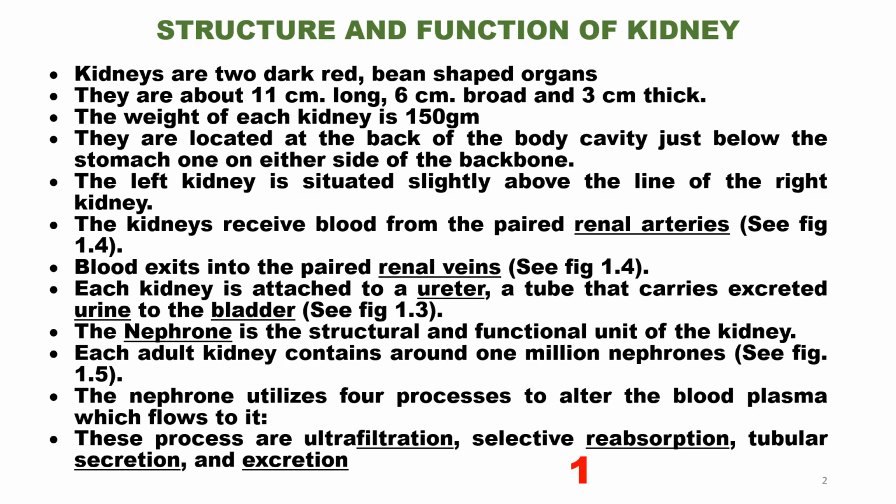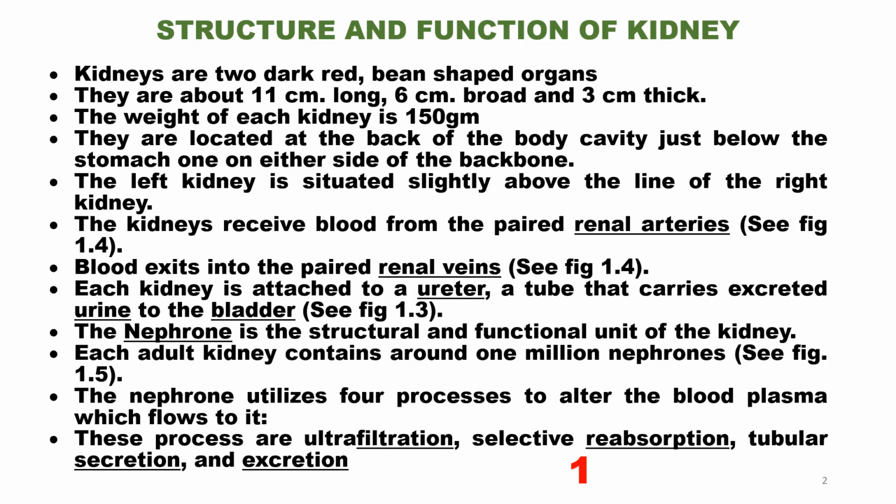The filtered blood, which contains no urea, will pass through the renal vein and go back to the rest of the body, while the filtered urine will move to the collecting ducts, pass through the ureters and get to the urinary bladder. Each kidney is attached to the ureter, a tube that carries excreted urine to the bladder.